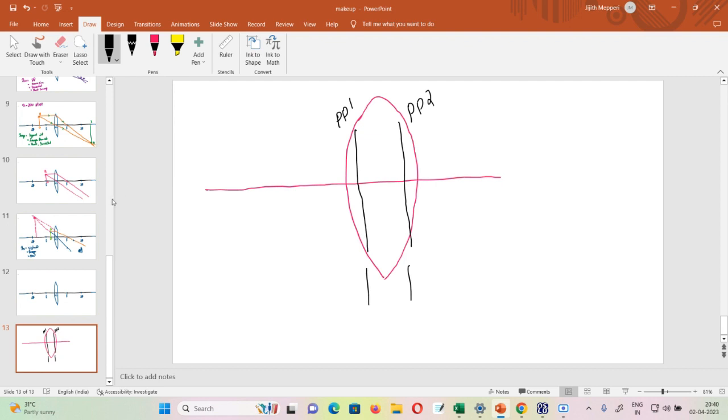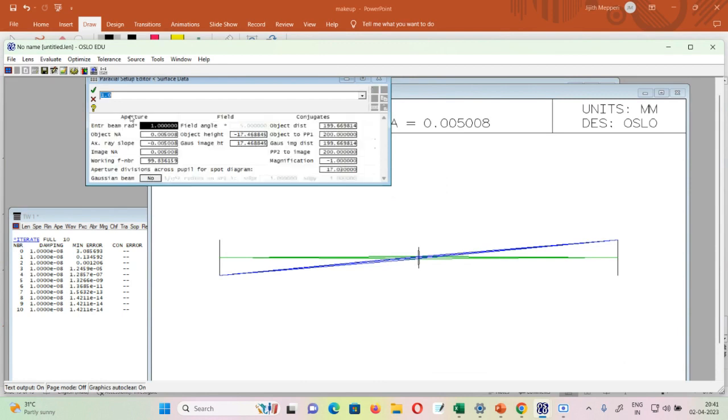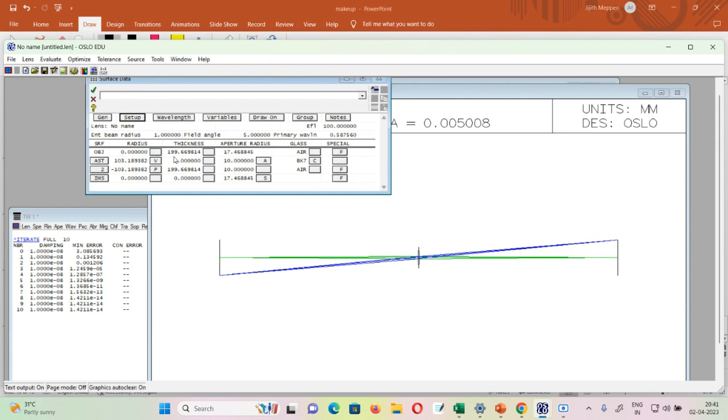That's why you can see that our effective focal length is 200, and here I selected object to PP1 as 200, and automatically PP2 to image came as 200. This is the image distance, and you can see the symmetry here. Object distance is 199.669814. Image distance automatically came, from the surface to the image, 199.669814. Okay, this is the variation we can see when we are putting a thick lens.